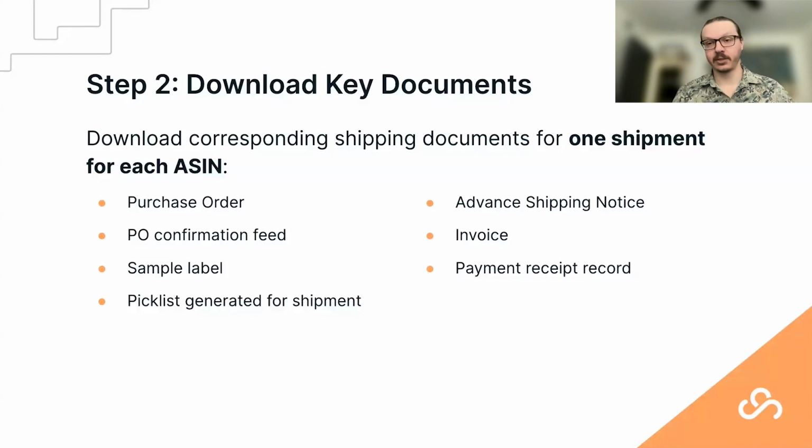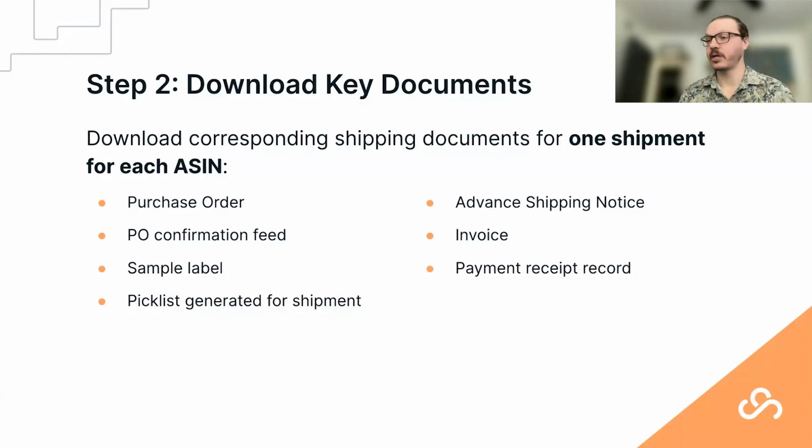A pick list. So what did we actually put on the truck at the end of the day and send to Amazon physically? The ASN, so the advanced shipment notification, essentially the virtual record of what you're shipping to Amazon. And the invoice, so this is the tail end.